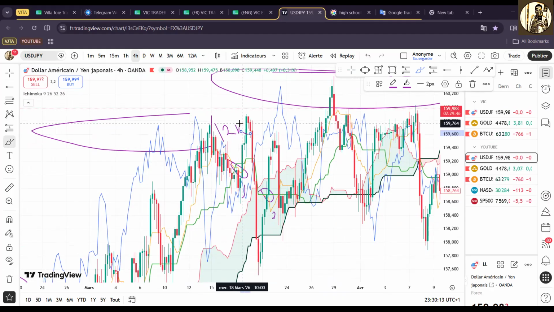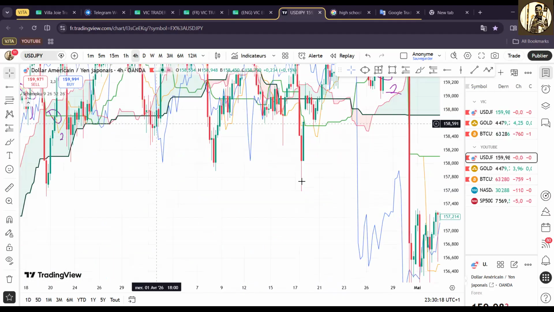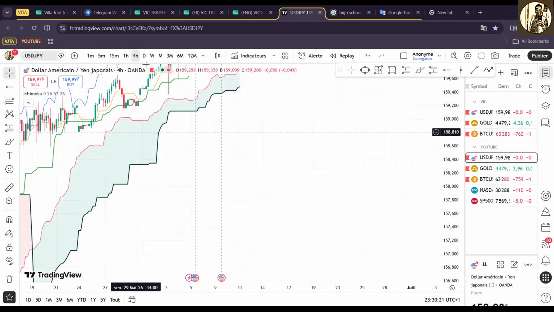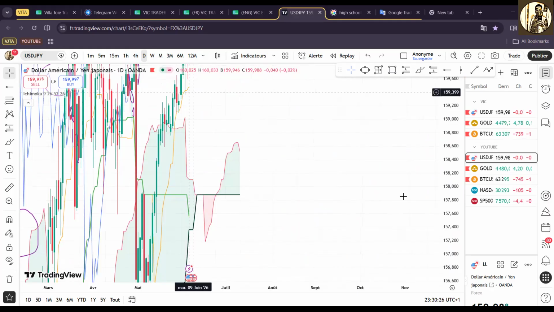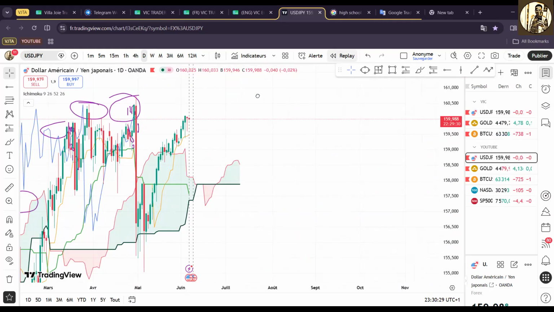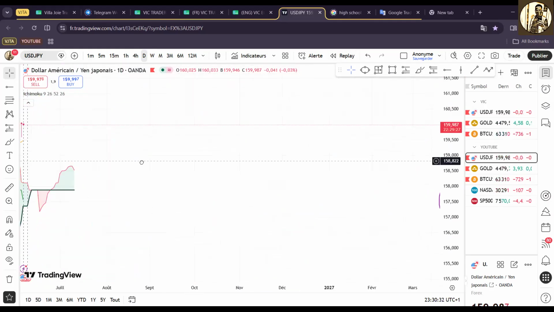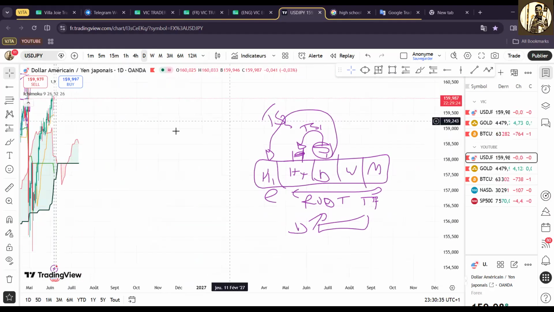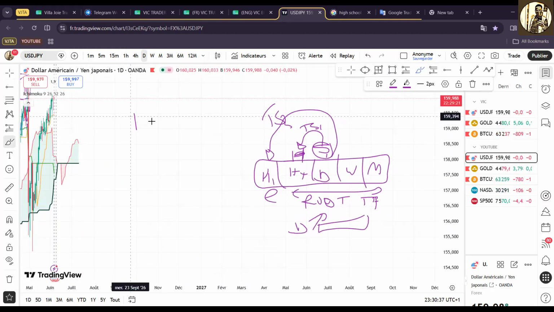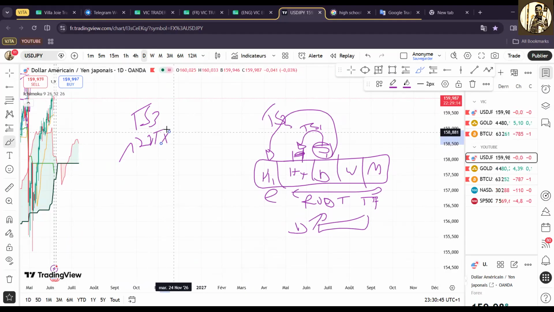The reason why I'm emphasizing this one is that, from the observation that I made, it is generally the TS3 that creates the 1-2-3 TK cross, right?